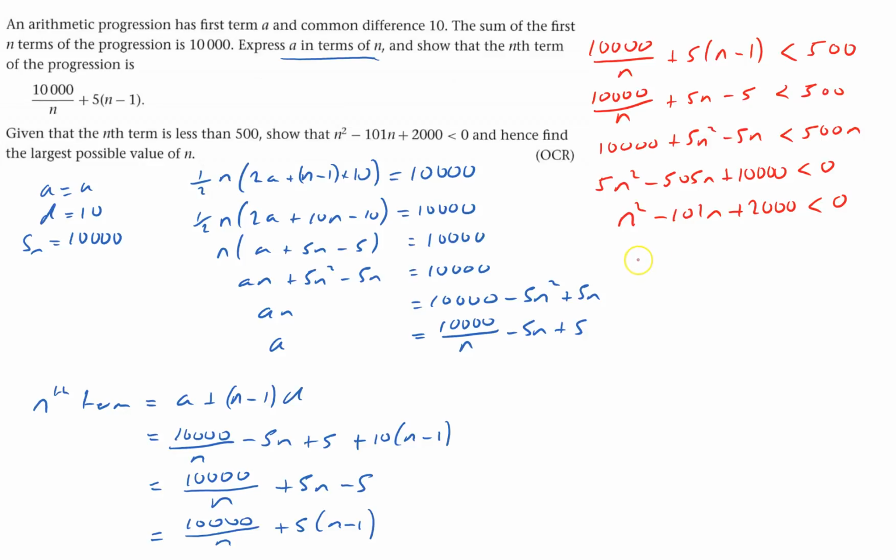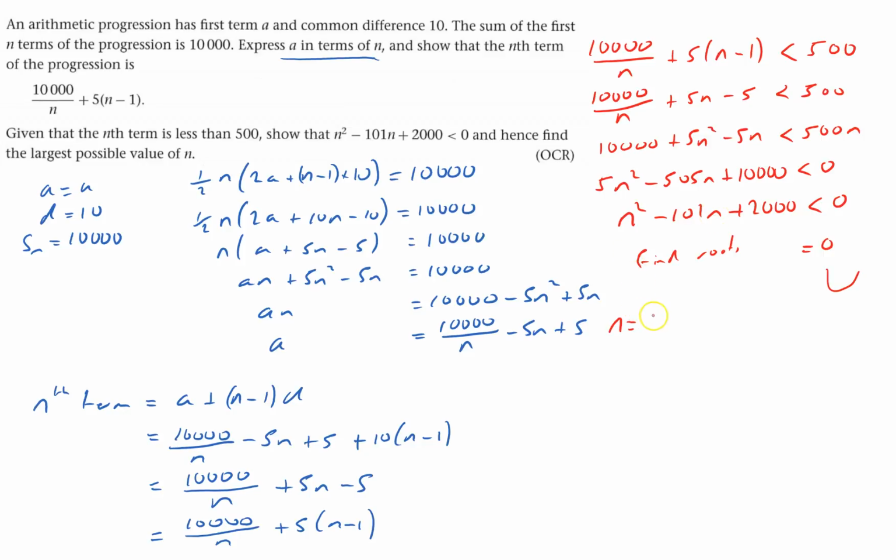We're going to find the roots, that is when this equals 0, not is less than 0, and then I'll draw the graph, a U-shaped curve because it's a positive n squared. I could try and factorise this, but there's a load of factors going into 2000, so I'm not going to.